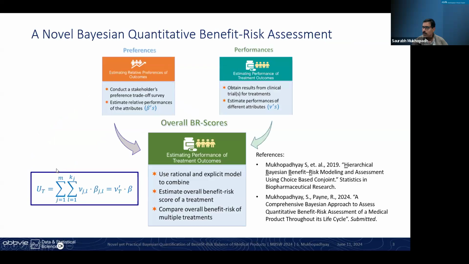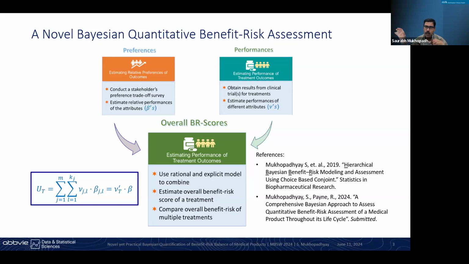Second is to obtain the performance of the treatment for that indication. So there are basically two components. One is the preference component that we estimate through the specially designed stakeholder preference survey, which we'll talk about a little bit.